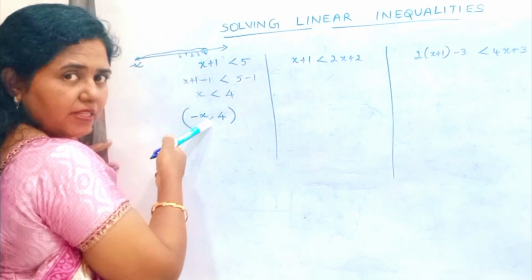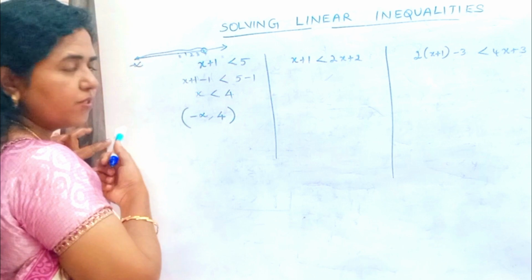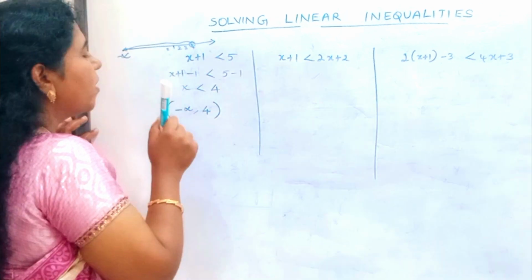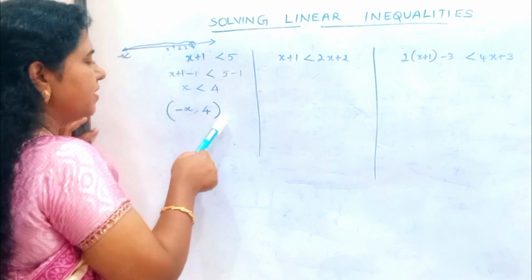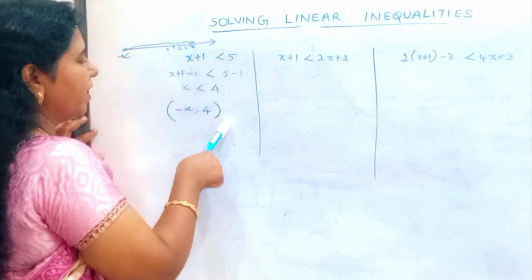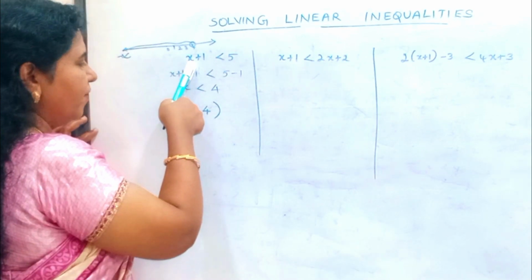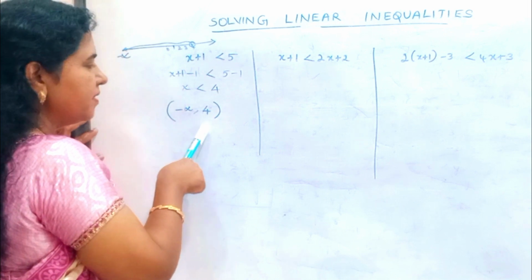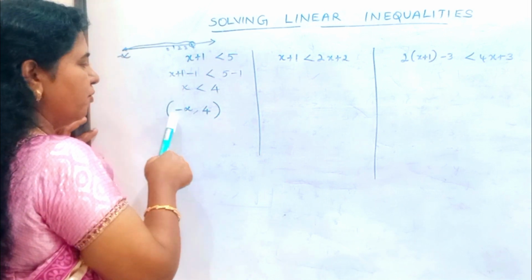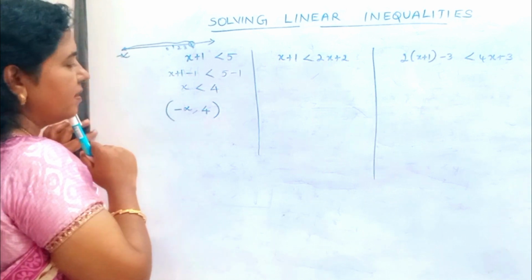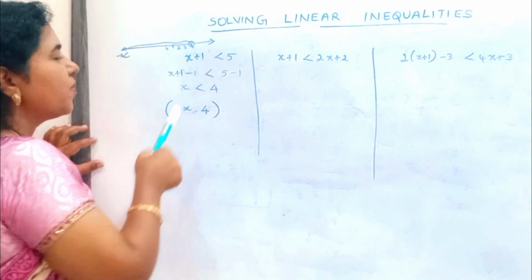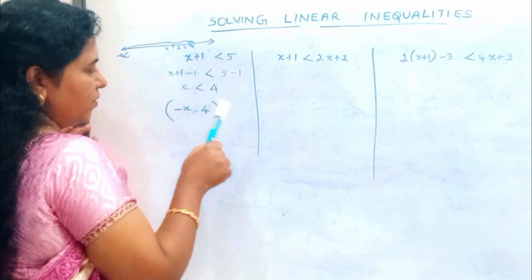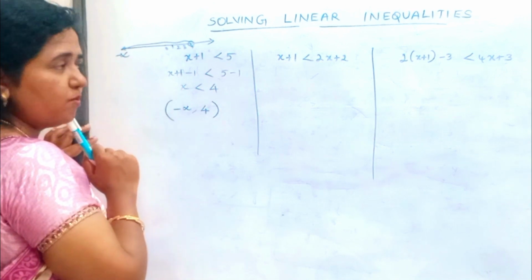Since it is minus infinity, we also use a parenthesis there. So it is minus infinity, comma, 4. This is the interval notation for the value of x. The lower value is minus infinity and the upper is 4, so x can be any value between these two values.